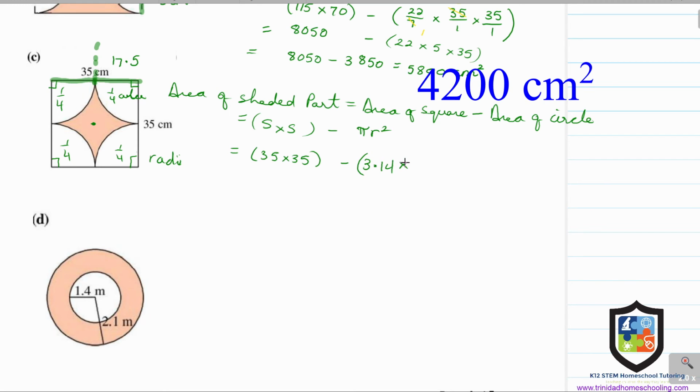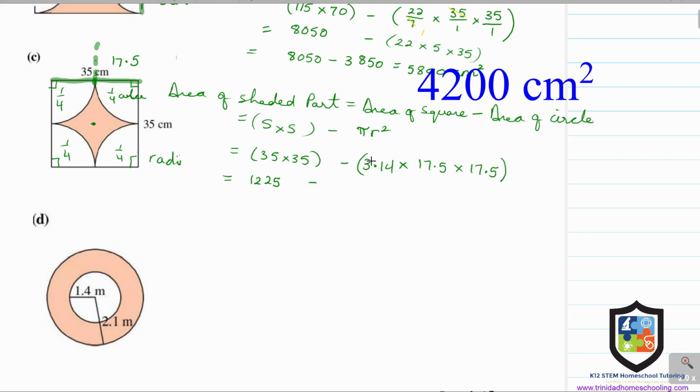It will make the calculations a little easier. So my radius is 17.5, and remember we need to square that. 17.5 by 17.5. So you pull out your working column and you work this out, 35 by 35. Now all these questions are Form 2 level, so you are not allowed to use your calculators, as far as I know.